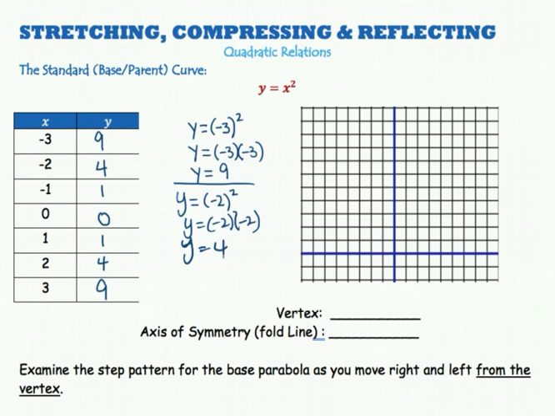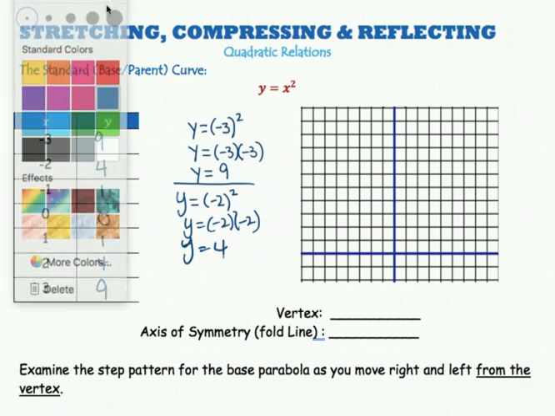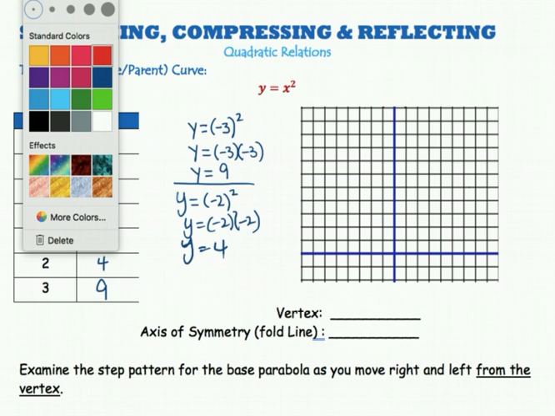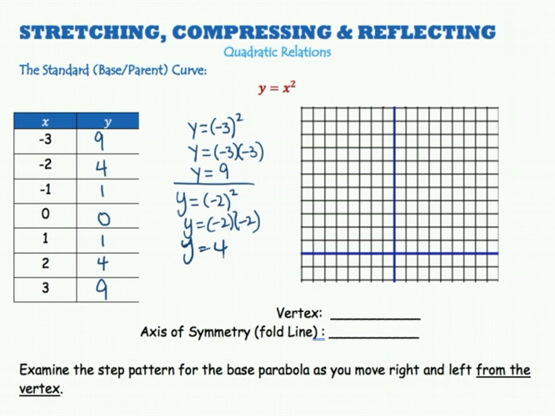So this is your x and your y value. Graph them on the graph here. I'll use different color dots here. Maybe I'll use green. So the first dot that we have to plot is -3, +9. Again, this is your x and y axis here.